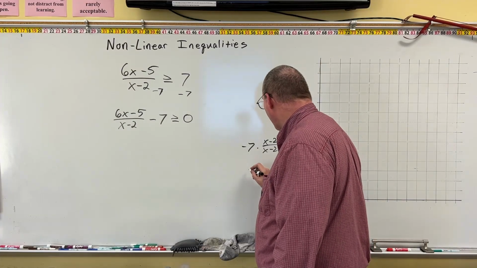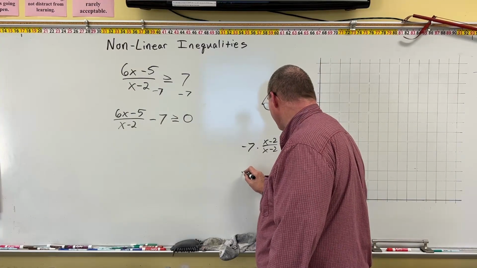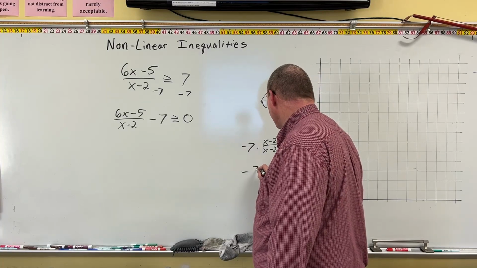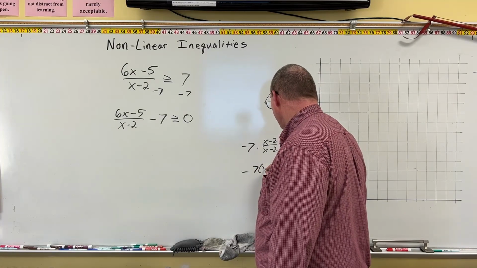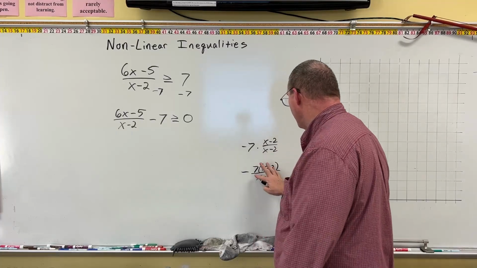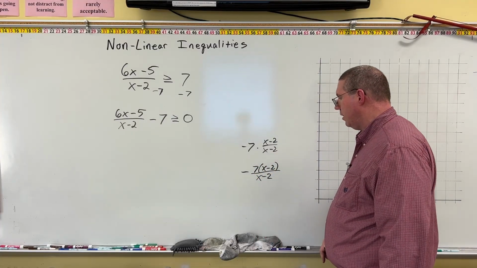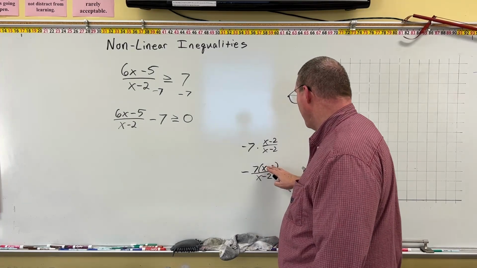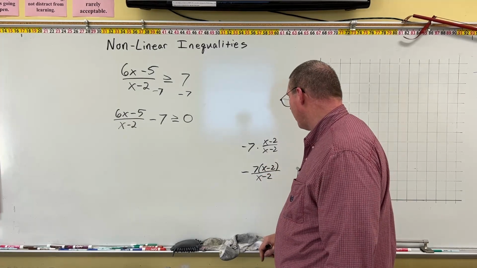Now, when we do that, it's better to write it like this, okay? Minus 7 times (x minus 2) over (x minus 2). This is going to be a little bit cleaner. So it's better just to put the 7 with parentheses, (x minus 2), and then make it over x minus 2.